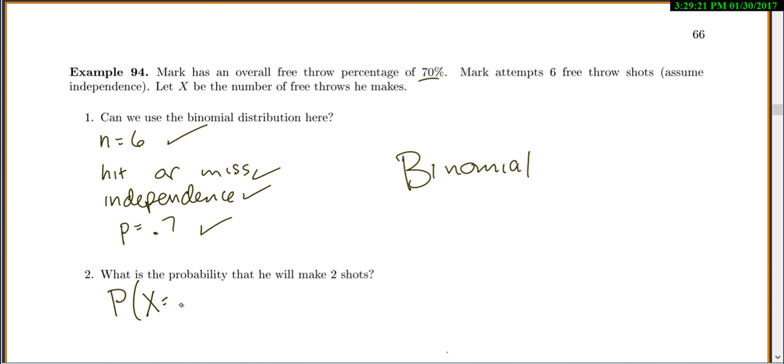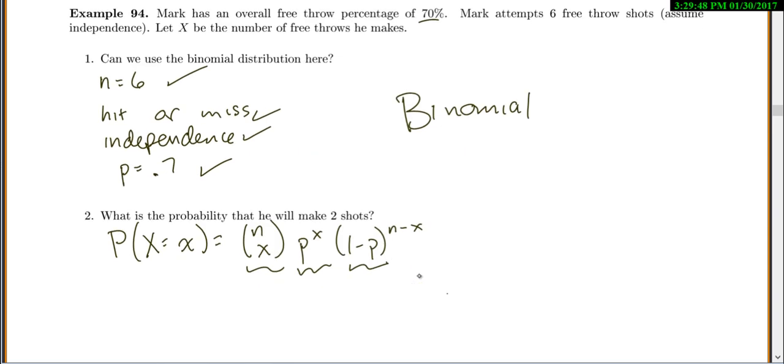This n choose x is how many ways you can get that specific thing. This p to the x, we need the probability of getting x successes, so you need the probability of making it, and then you need this many failures. And so you do 1 minus p, the probability of failure, to the n minus x for the failures.